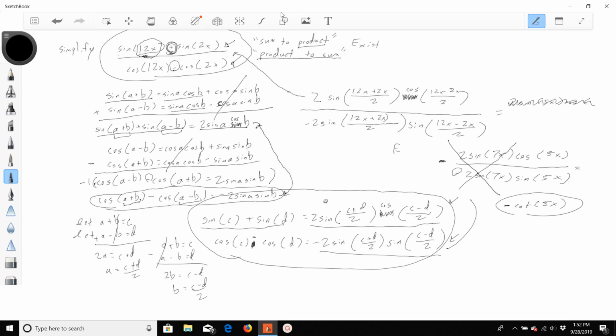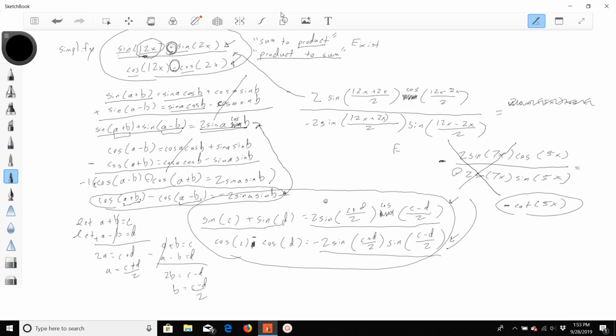So I added my two angle addition and angle subtraction formulas for sine, because I had sine and sine here on my numerator. And now on my denominator, I had subtraction. So I subtracted my two angle addition and angle subtraction formulas for cosine because I was using cosines here.